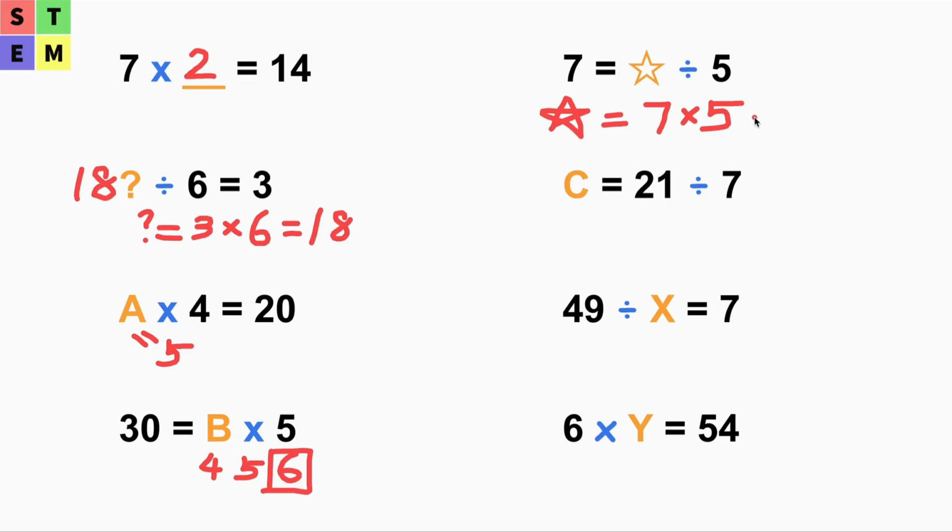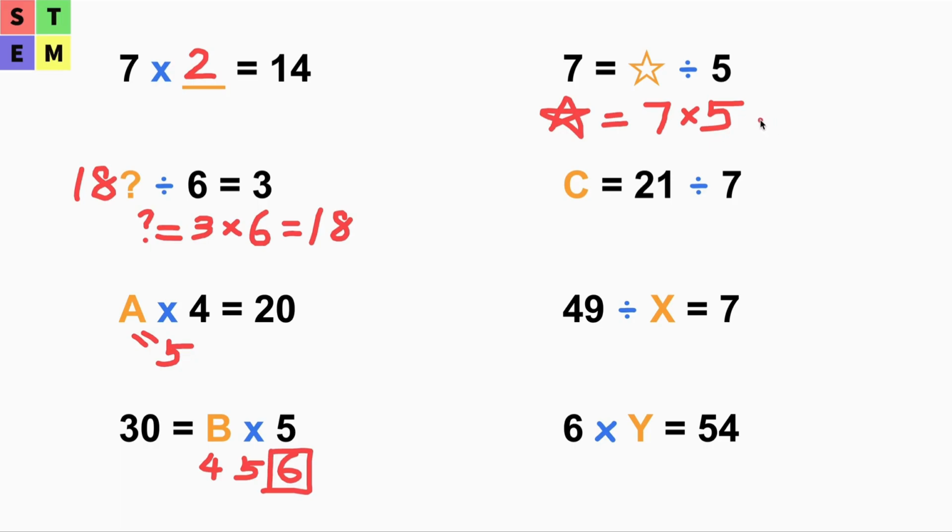If you are familiar with the multiplication table, you will immediately know the number, but if you don't remember the multiplication table, then let's try. 7 times 2 is 14, right? And 7 times 3 is 21. 7 times 4 is 28.